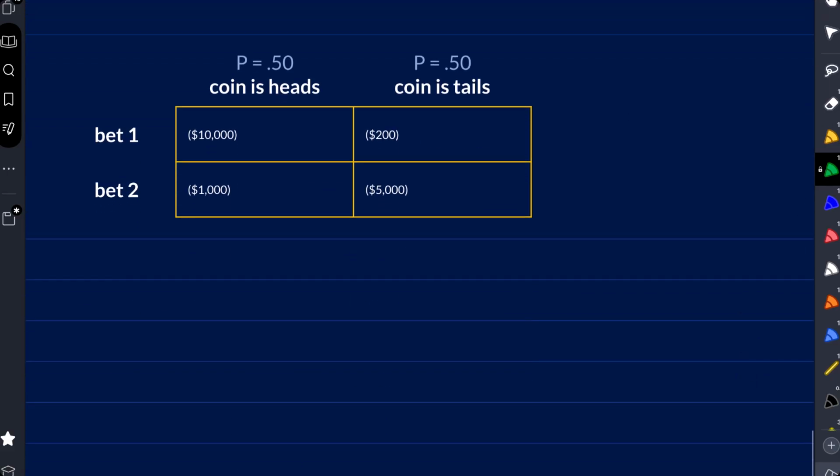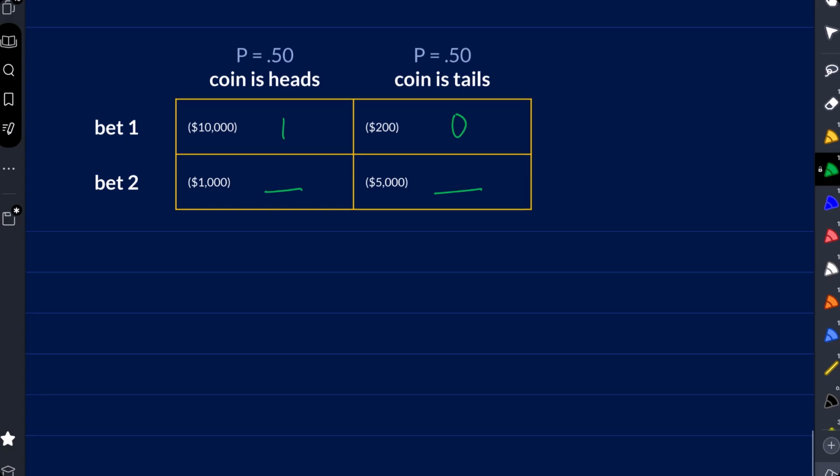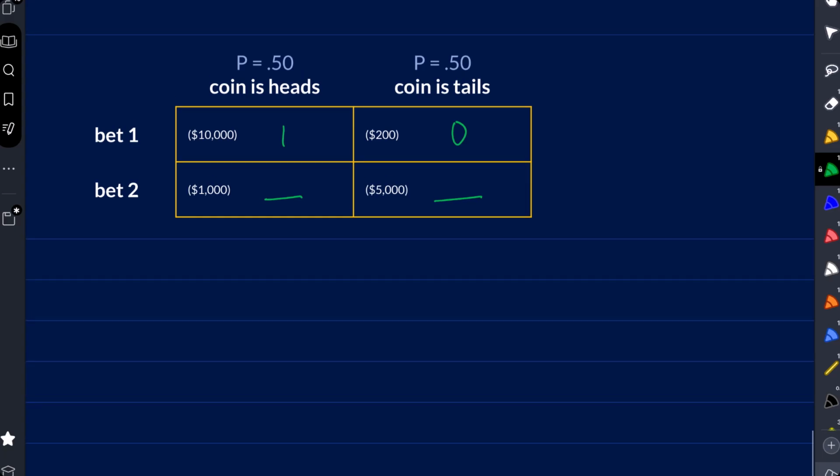Okay, we fill in the utility values for each of these outcomes. So that's going to be 1 here, 0 here, and then whatever you found for those 2 outcomes that go with bet 2. Then to calculate the expected utility for each of these options, first for bet 1, we multiply the probability. And so here we have a flip of a coin, so the probability of either state happening is 50%.